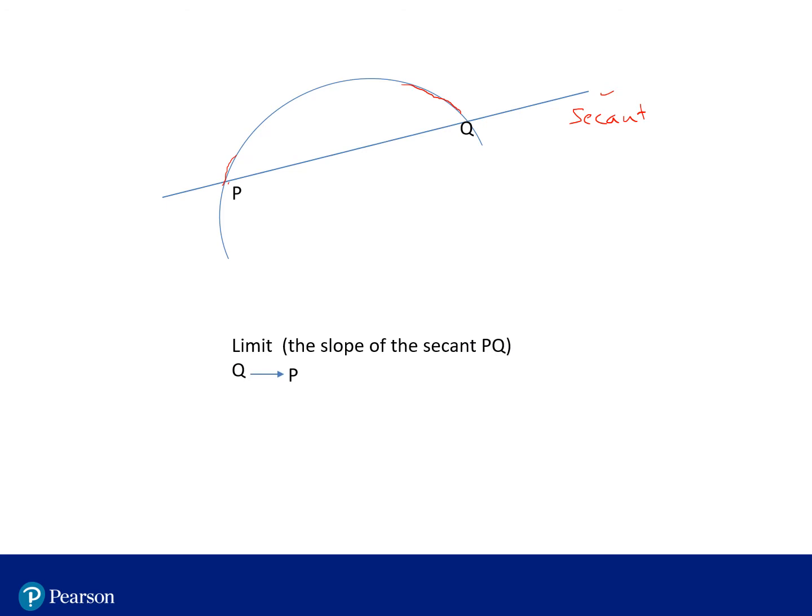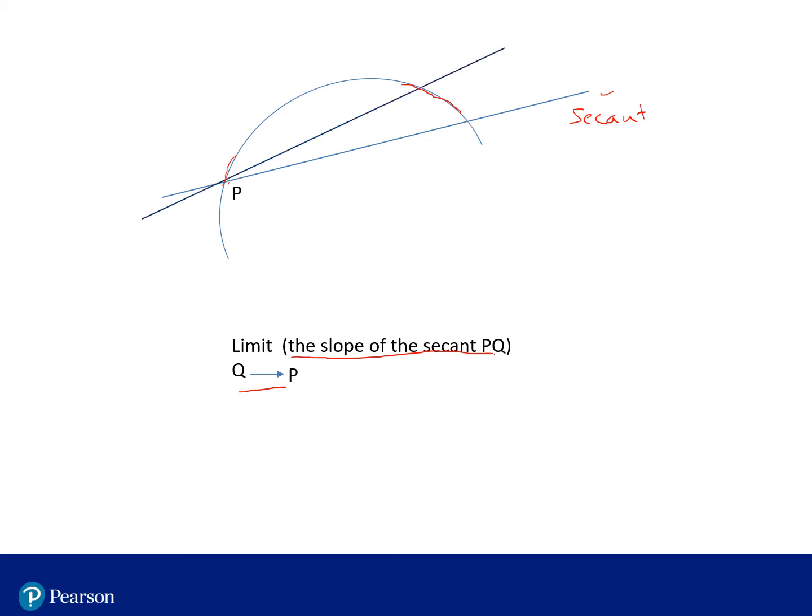The first move we have, this is what we are going to be doing, is we want the limit as Q moves towards P, but not exactly on P, but towards P. It will be very close, if not almost there. The slope of the secant PQ. So our limit, and the function that we're going to take the limit of, is the slope of the secant PQ.